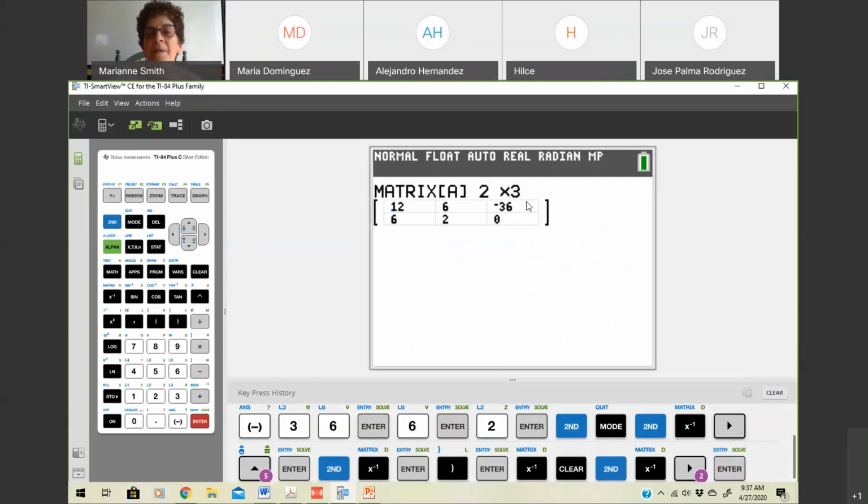I forgot. Oh, yeah, negative 36. For some odd reason, when I did it the first time, I got negative 4 and 2. I can't imagine what went wrong this time. Okay, let's try it again.